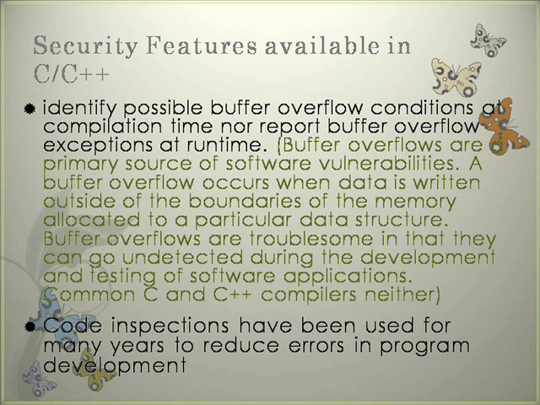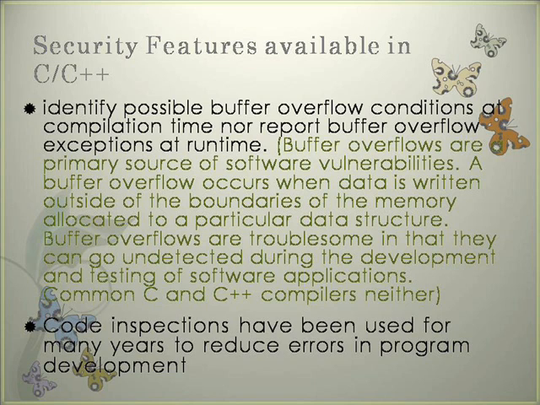So further, security features available in C and C++. Identify possible buffer overflow conditions at compilation time. Report buffer overflow exceptions at runtime. Buffer overflows are a primary source of software vulnerabilities.